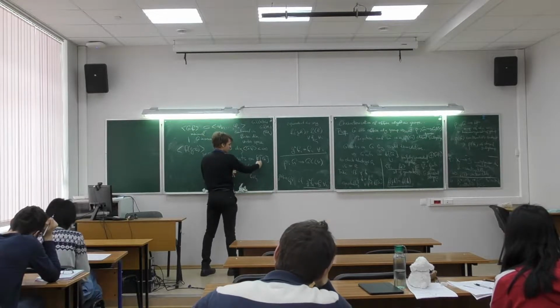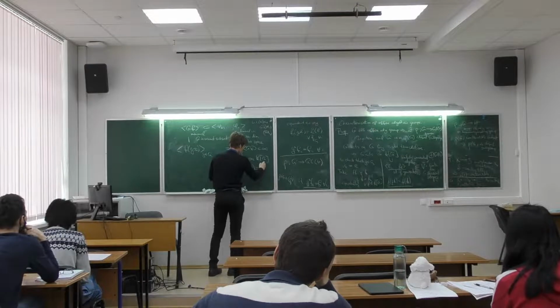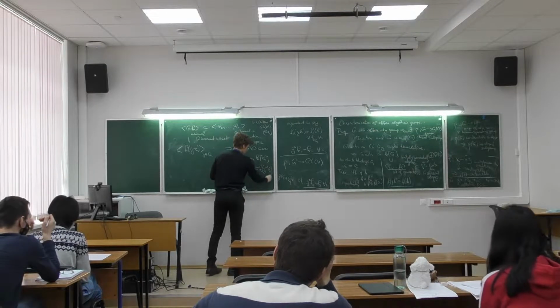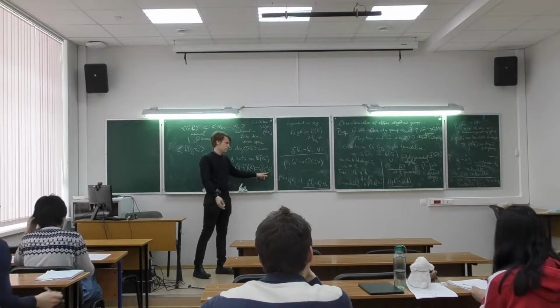In order to distinguish functions on K of G, you evaluate on an element of the group. By definition, it is F of G inverse h. So this function F maps to this function, which is a function on the group.